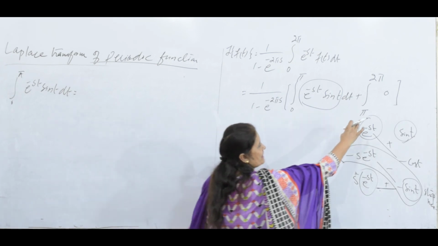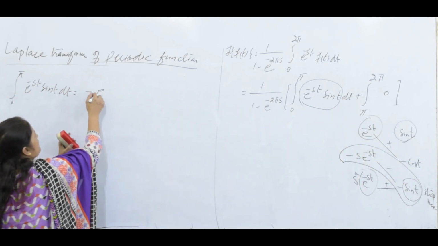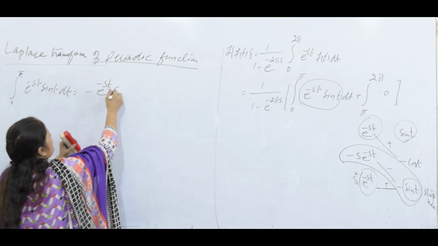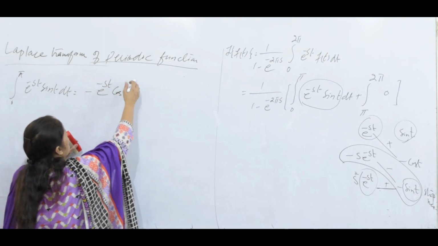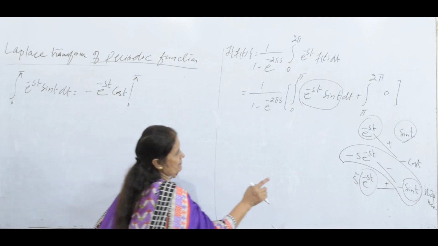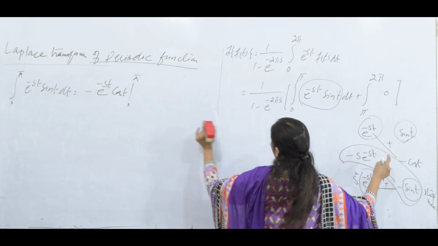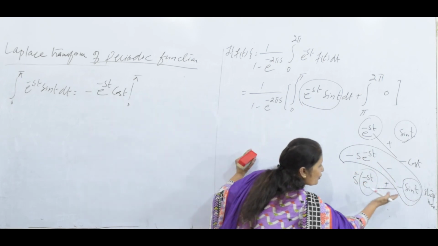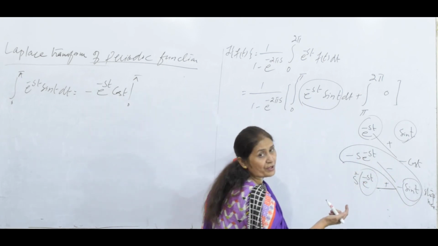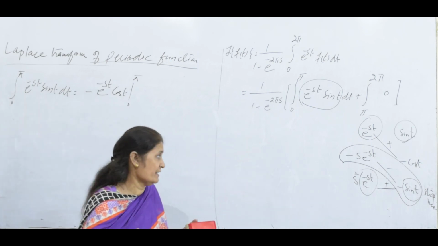I am writing the product of these two, which is minus e to the minus st cos t, with limits 0 to pi. I am multiplying these two, plus multiplied with minus. And then the horizontal line I am writing in terms of the integral again.